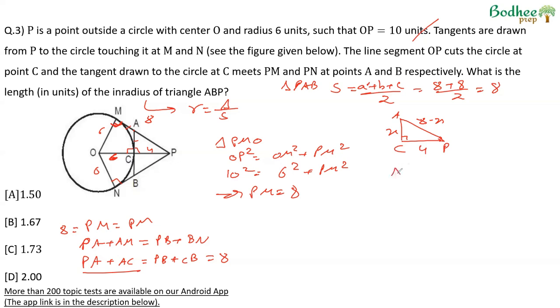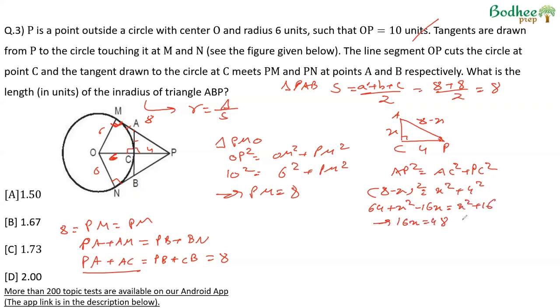So AP square is equal to AC square plus PC square, which means (8 minus X) whole square is equal to X square plus 4 square, which means 64 plus X square minus 16X is equal to X square plus 16, which gives us 16X is equal to 48 or X is equal to 3. This means this is 3. Therefore, this is 5.